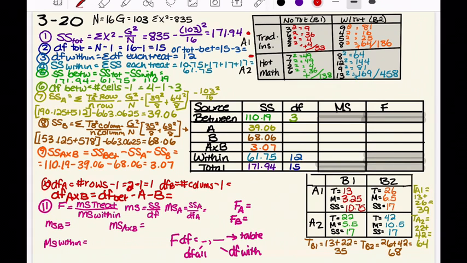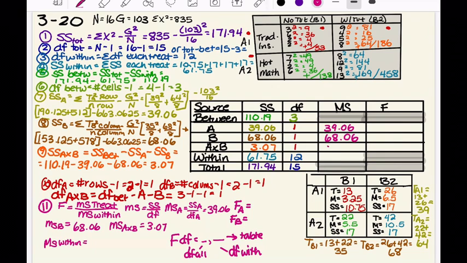Our degrees of freedom for factor B is the number of columns, minus 1, which is also 2, minus 1, which equals 1. The degrees of freedom for the interaction is the degrees of freedom between treatments minus the degrees of freedom for factor A minus the degrees of freedom for factor B, which also equals 1.